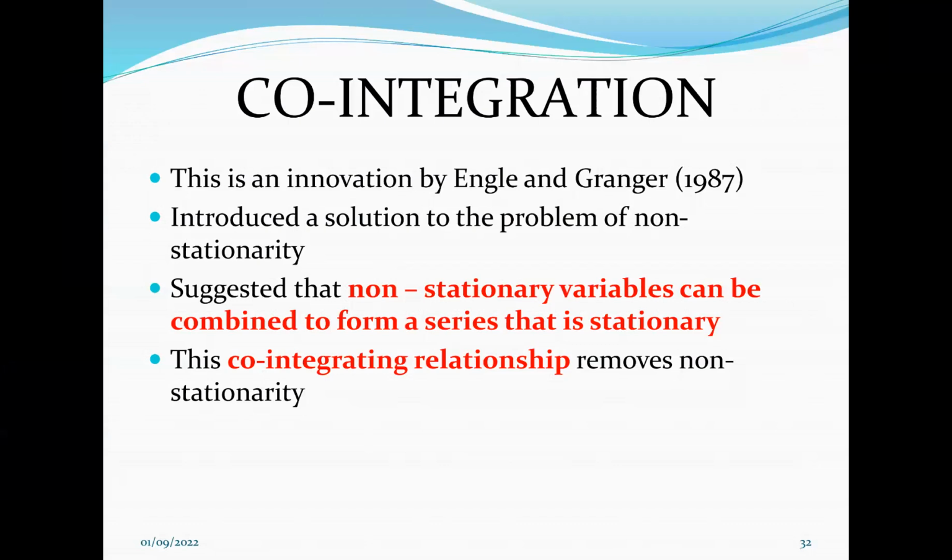Co-integration was not yet explained. This was an innovation by Engle and Granger in 1987, who introduced a solution to the problem of non-stationarity. They suggested that non-stationary variables can be combined to form a series that is stationary.